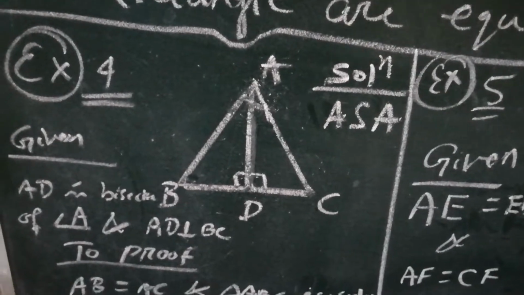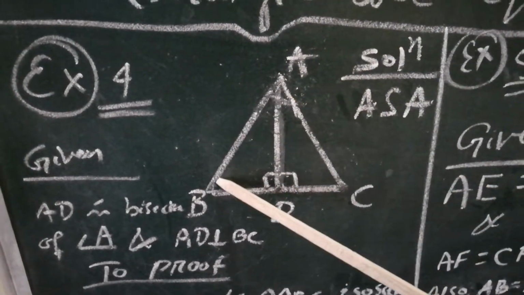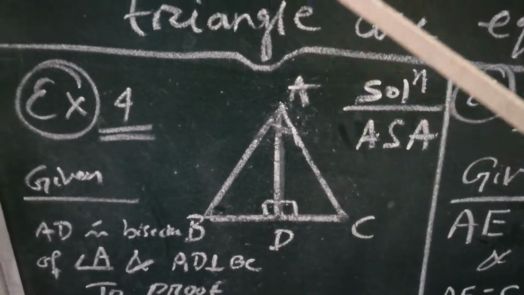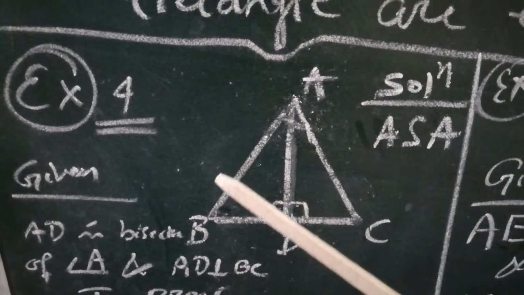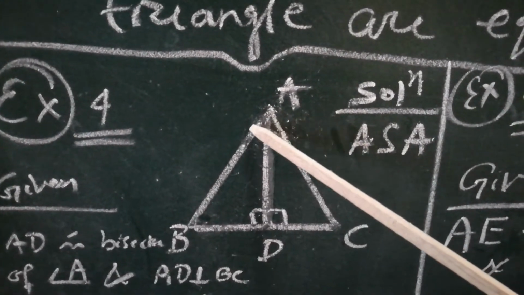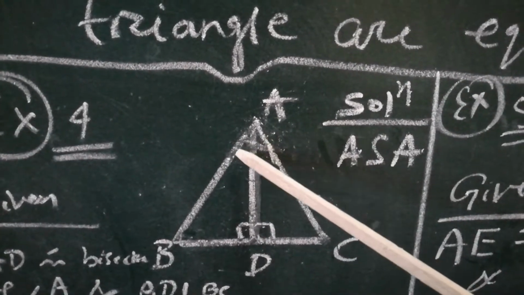The simple way to solve this is to take two triangles, ABD and ACD, and try to establish the congruence rule. For example, we can see here, this is the bisector, so these two angles will be the same.